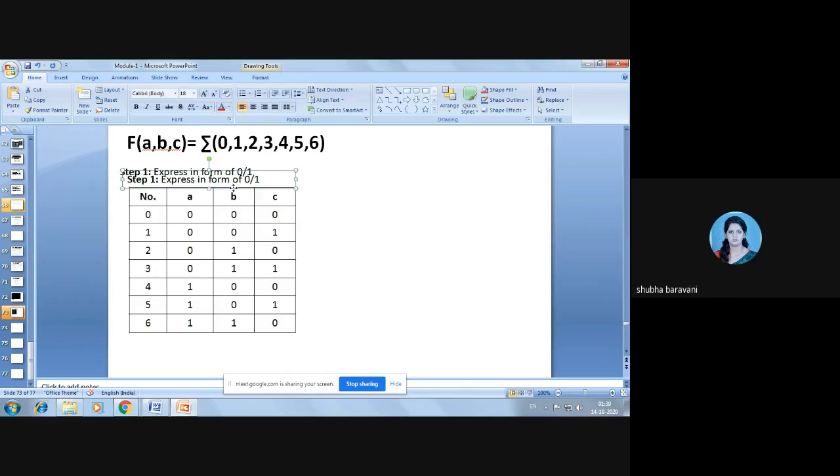Now, step number 2. You have to group the min terms according to the number of ones present, in increasing order. What does it mean?